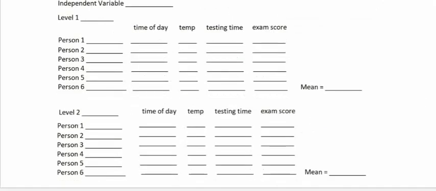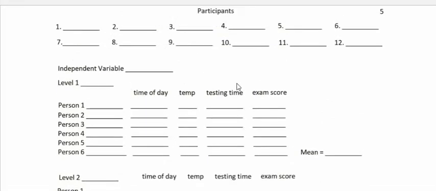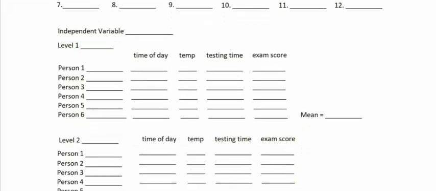But for independent variable, write the name of the same independent variable that you had before, whatever it was, and write the same 2 levels from page 4. So the independent variable and the 2 levels stay the same from the previous page.